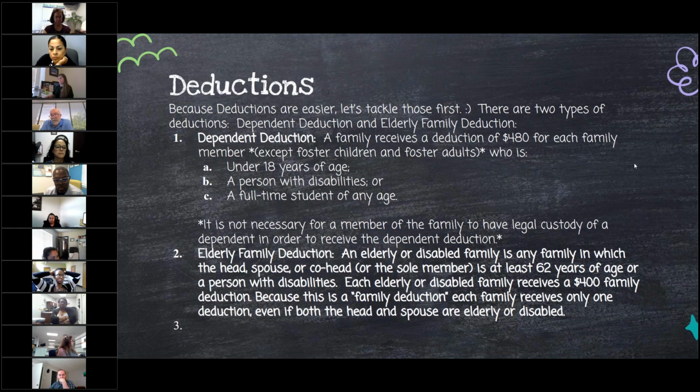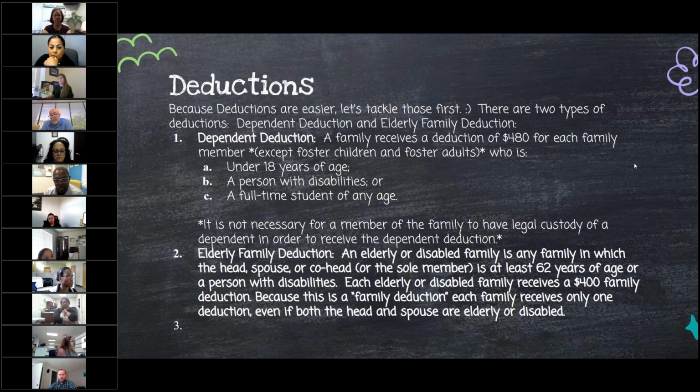This would include household members that are under the age of 18, a person with a disability, or full-time students. And B and C, they would have to be designated as dependents. So it's not like if someone is 64 and actually the head of household but disabled, they don't get a dependent deduction themselves. They're the head of household, they don't get that. You have to be labeled a dependent to get the 480.